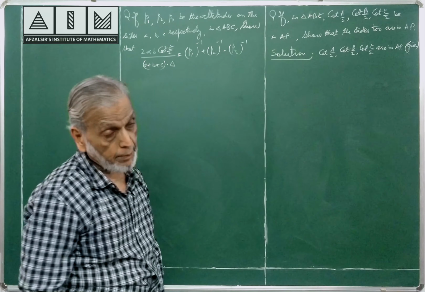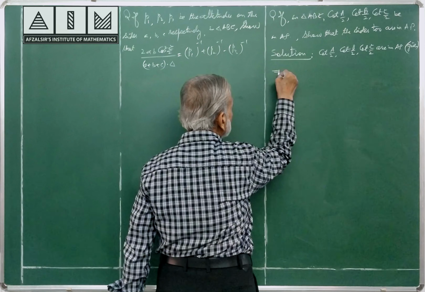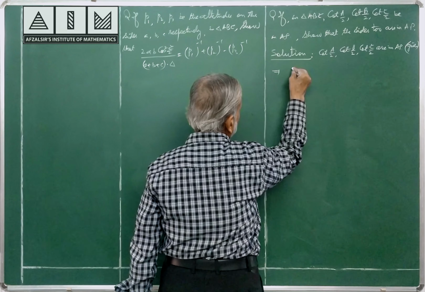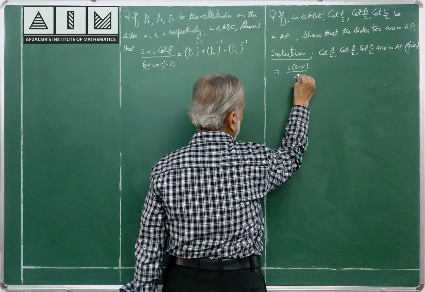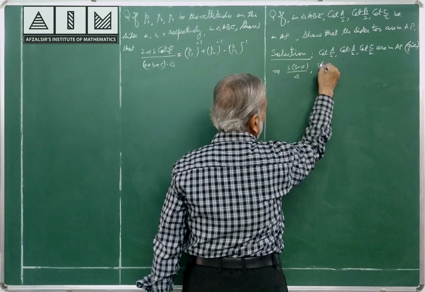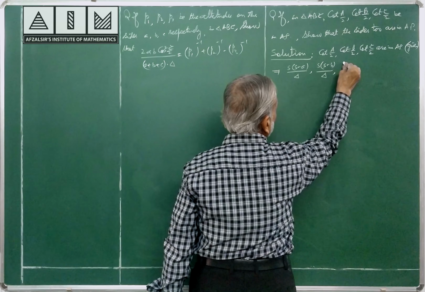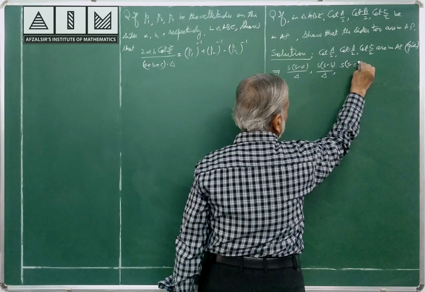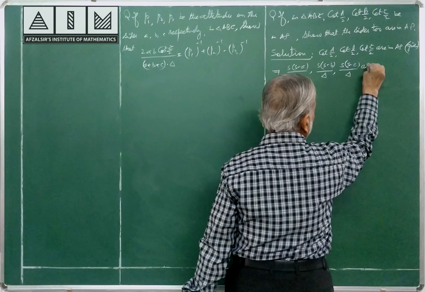Cot A by 2, cot B by 2, cot C by 2 are in AP. That means, see carefully, S into S minus A by delta for cot A by 2, S into S minus B by delta for cot B by 2, S into S minus C by delta for cot C by 2 are in AP.